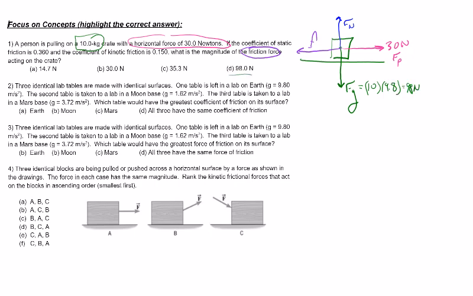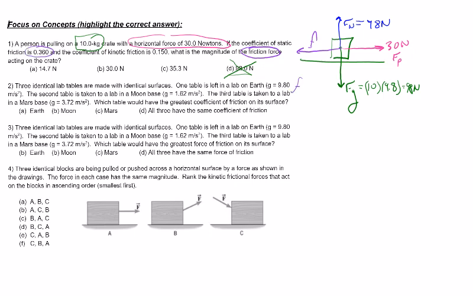Hence the reason why you can see D on there. So that's really not going to be the correct answer. That would just be the weight of it. Since it's just sitting on a flat surface and we're only pulling horizontally, the normal force up here would also equal 98 newtons. So my suggestion on this one is let's calculate the maximum static friction using this coefficient.